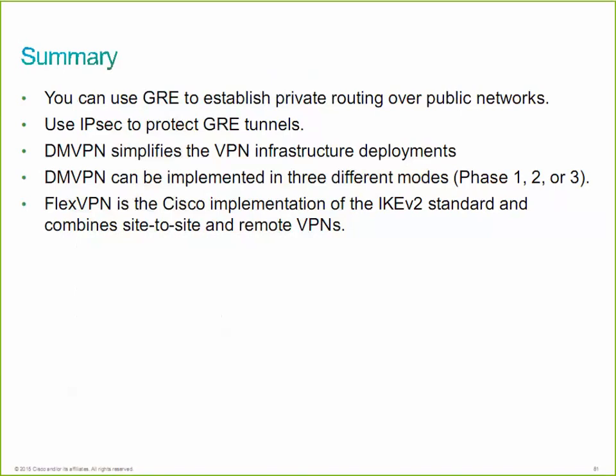Obviously, phase 2 being pretty much the preferred method, especially if I want that spoke-to-spoke communication. Phase 3 added, of course, the ability to do summarization and that initial caching of the routing information by sending the packet up to the hub initially and then using the NHRP redirects to redirect that traffic. And then we talked about FlexVPN at a high level, the benefit of FlexVPN, and why we might consider using it.